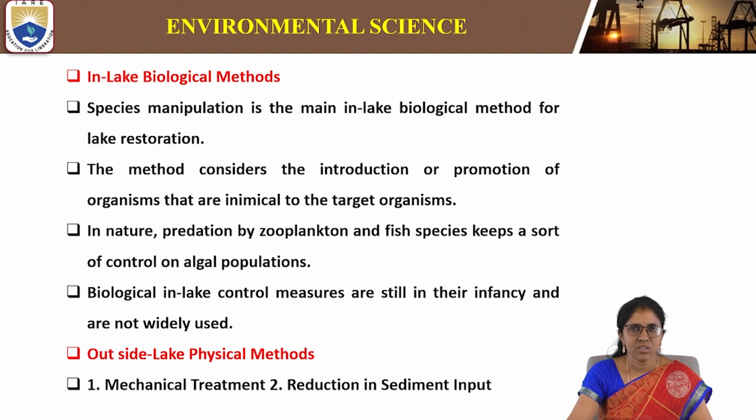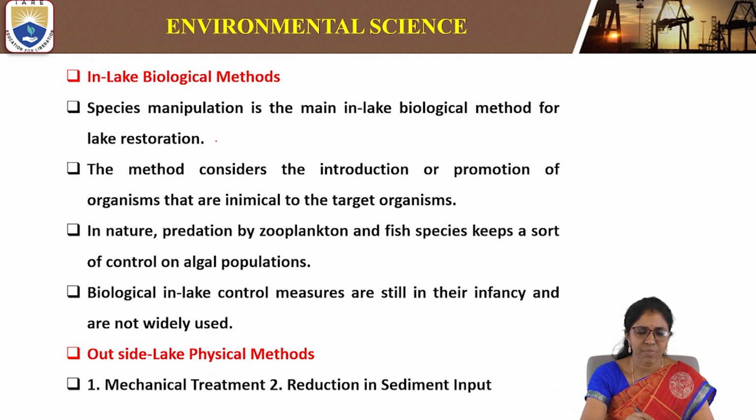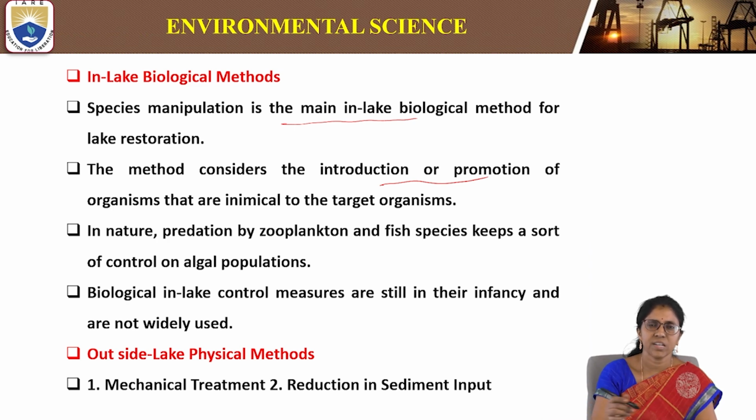In-lake biological methods include species manipulation. It is the main in-lake biological method for lake restoration. The method considers the introduction or promotion of organisms that are inimical to the targeted organisms.